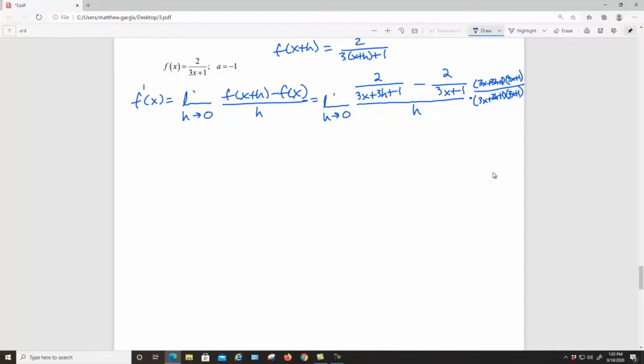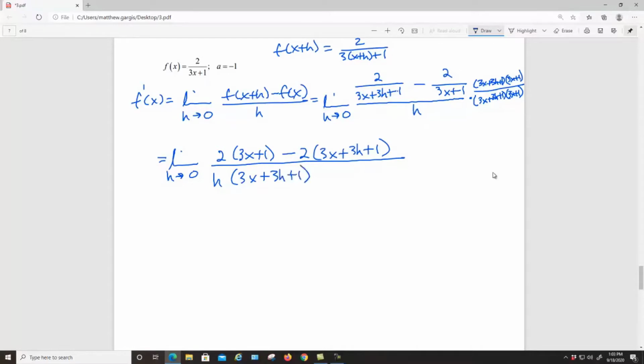Okay, so that will give me the limit as h approaches 0 of, when I multiply this by the first fraction, the 3x plus 3h plus 1's cancel, so I get 2 times 3x plus 1, and then minus, when I multiply this one, the 3x plus 1's cancel, and I get 2 times 3x plus 3h plus 1, over h times 3x plus 3h plus 1 times 3x plus 1.